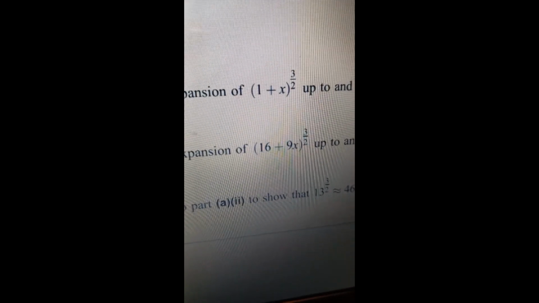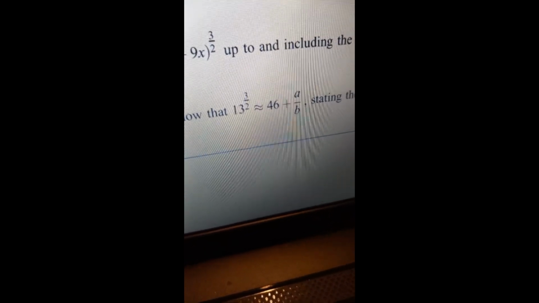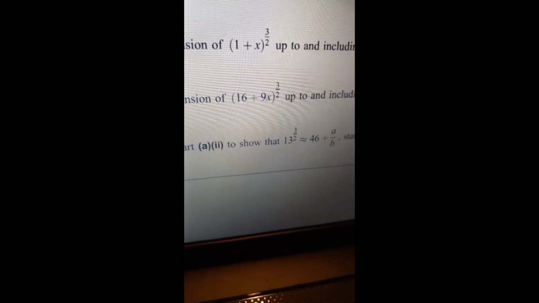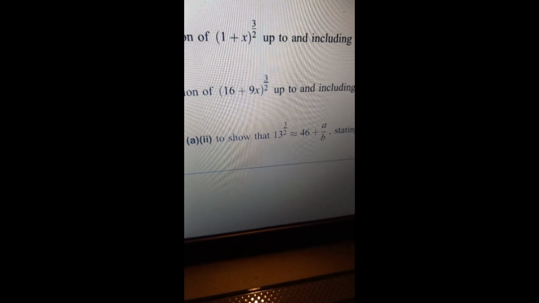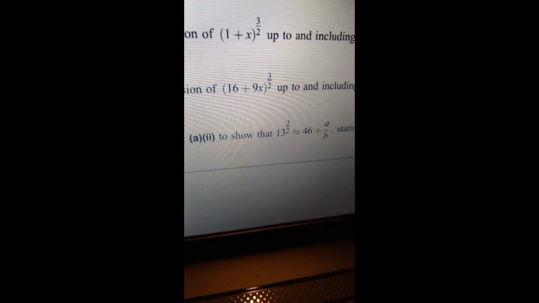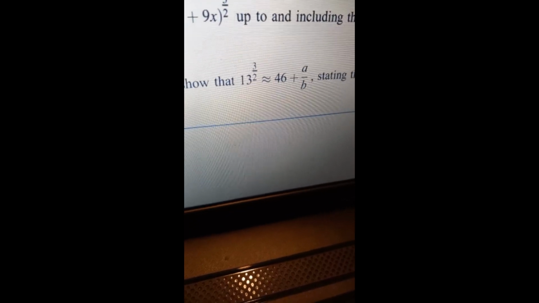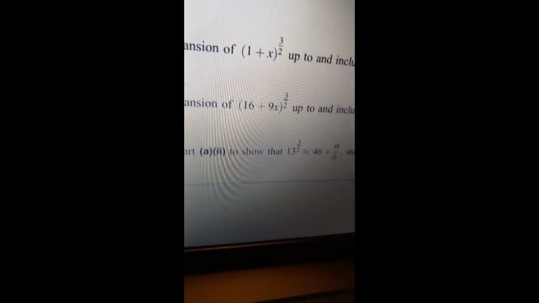Okay, so part B, it might look scary, but literally look at that. 2 marks. Easy. And I'll show you. So we use our answer from the question with this expression in it to show this. Okay, so what I'm thinking, we're going to set 16 plus 9x to the power of 3 over 2 equal to 13 to the power of 3 over 2, and then we can go from there, right?